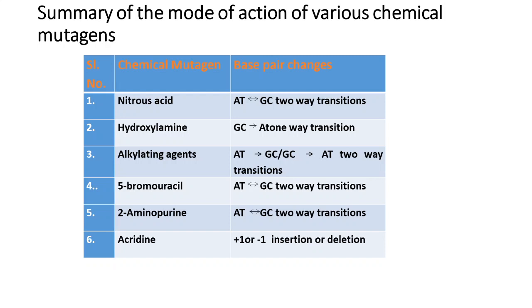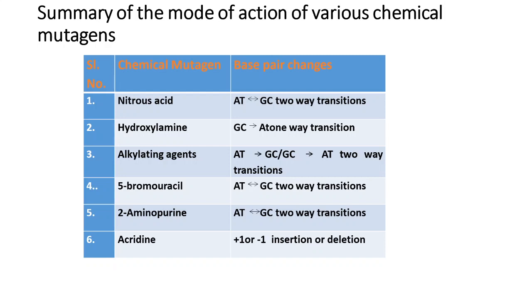And in the case of base analogs, for example 5-bromouracil, an AT to GC two-way transition occurs after the second replication. And if there is 2-aminopurine, then also an AT-GC two-way transition occurs.